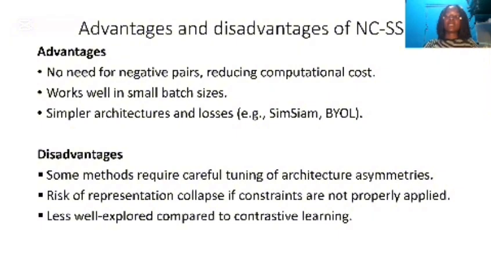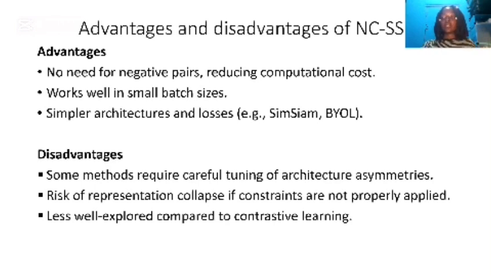Then moving on to the disadvantages. So some methods require careful tuning of architecture asymmetries, and techniques like stop gradient mechanisms and asymmetry require careful implementation or else you might mess up. Then there is the risk of representation collapse if constraints are not properly applied. It is very prone to collapse.